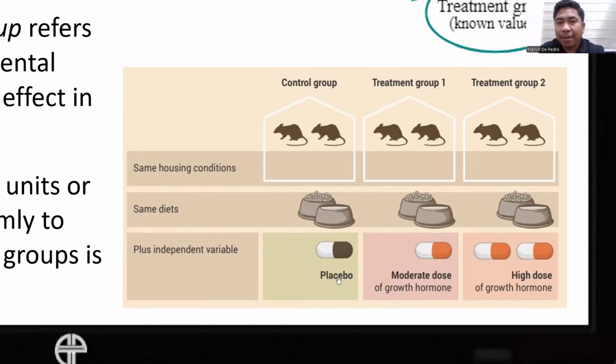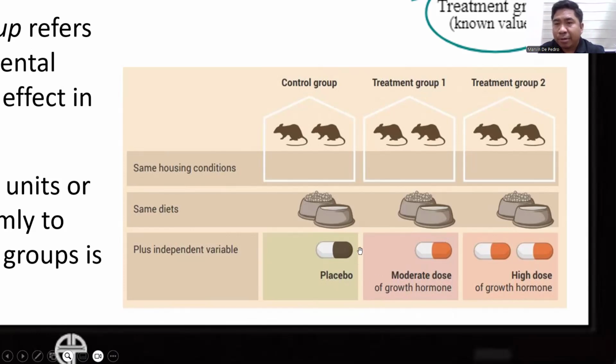In the control group, we are giving them only the placebo. I'm not sure what this is, it's a certain kind of medicine for rats, I think. While in treatment group one, we give them instead a moderate dose of growth hormone, while in the second treatment group, we give them a high dose of growth hormone.